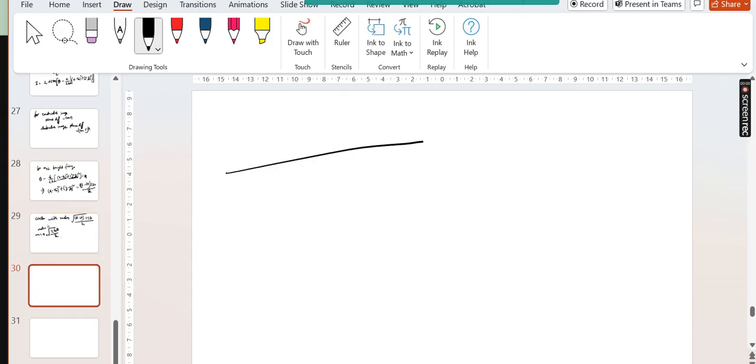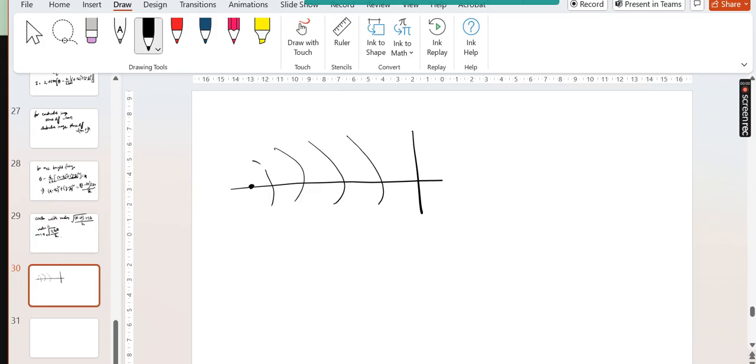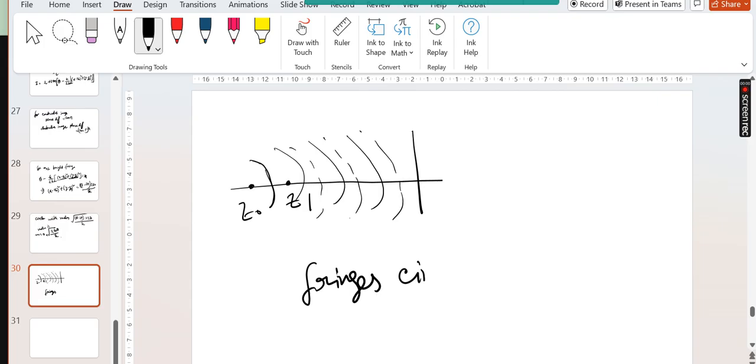So if the spherical wave is coming from a point which is at z naught and another set of spherical waves coming from z 1, then also the fringes will be circular.